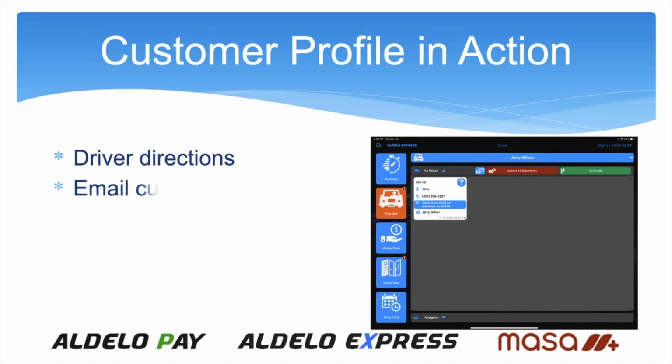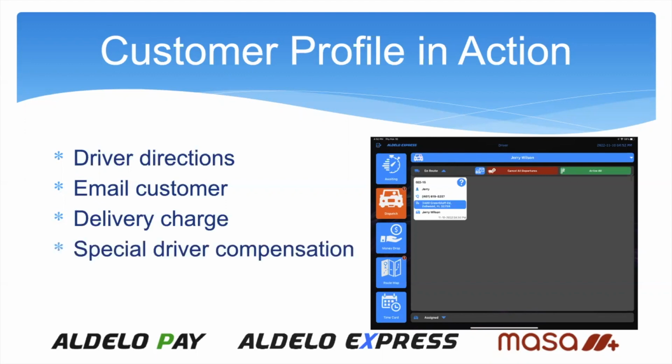It will also email the customer to let them know that their food has left the restaurant and it's on the way. Any special delivery charge that's in the profile will also be added to the order, along with any special driver compensation. And of course, it will track the delivery order for future use and recall by the system.